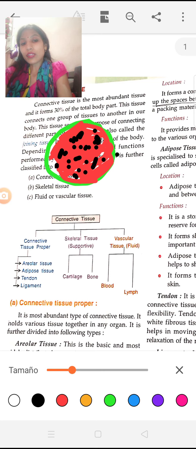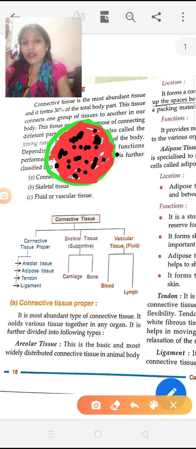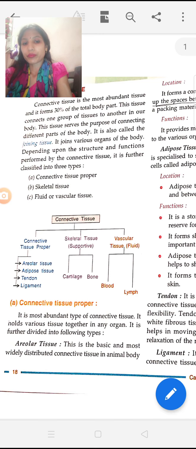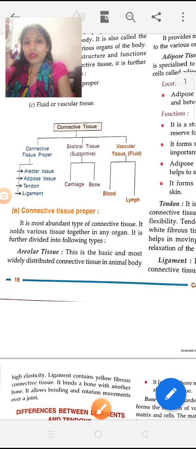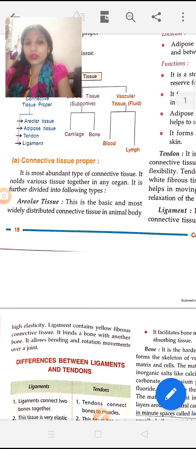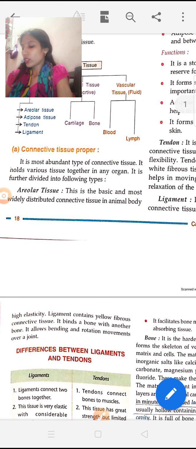So the cells are fixed in it. Now we will discuss the connective tissue proper. One more thing I would like to tell about the connective tissue: it is highly vascular. What is the meaning of vascular? It means they are rich in blood capillaries, right?